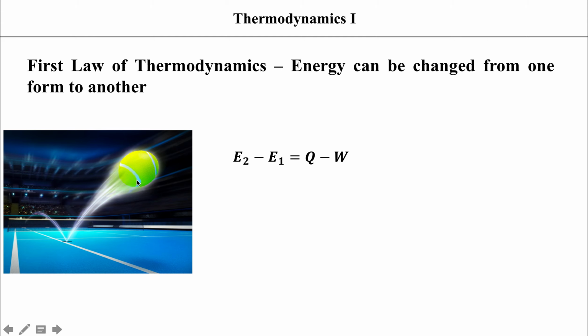But what we know is that this ball, in fact, contains more kinds of energies on a microscopic level, because this ball is actually made up of tiny particles. It's made up of molecules, and these molecules are then made up of atoms and subparticles that are held together by bonds.